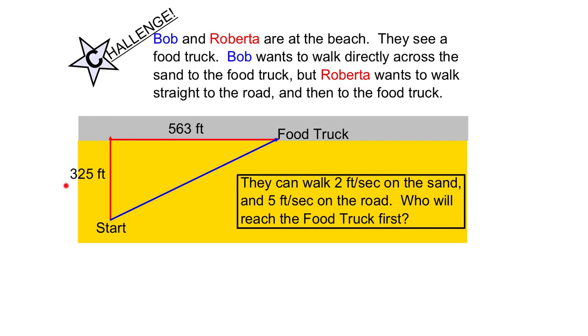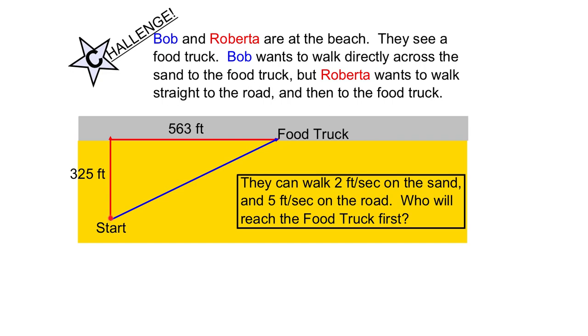So here's a diagram to help you. The yellow represents the sand, the gray represents the road. They can walk different speeds on the different surfaces. They're both starting in the same spot. Bob is in blue. He walks straight from the start to the food truck on the sand.